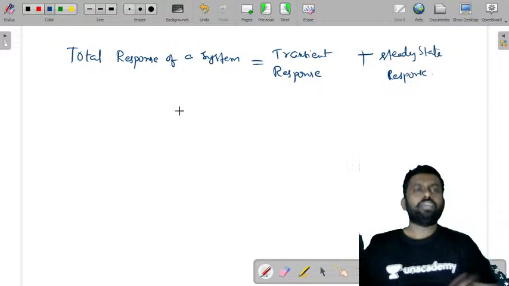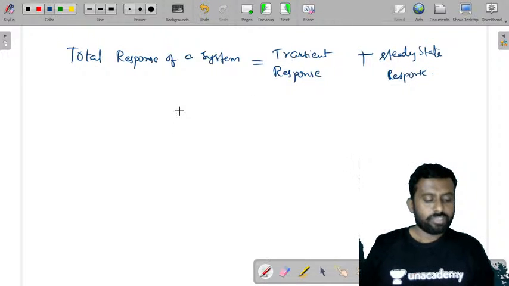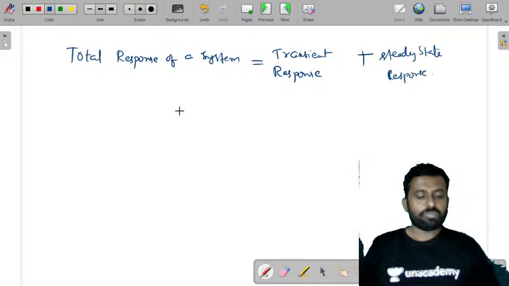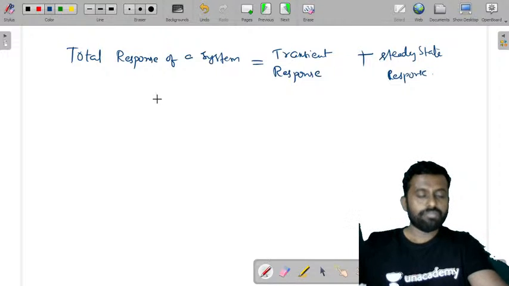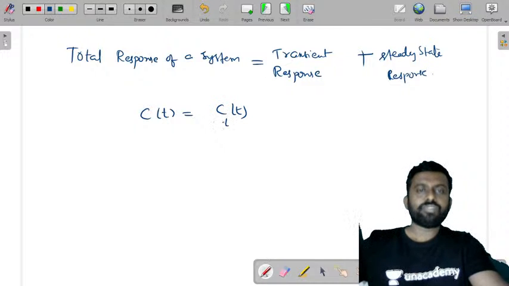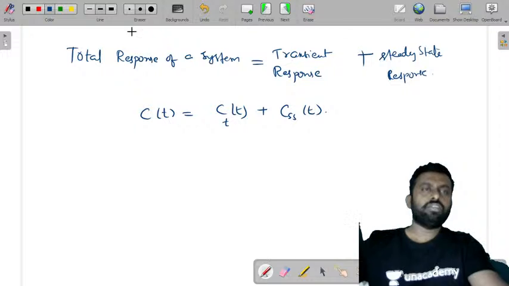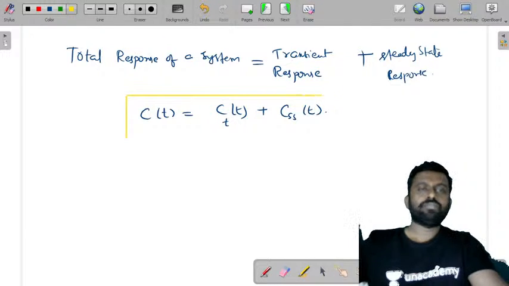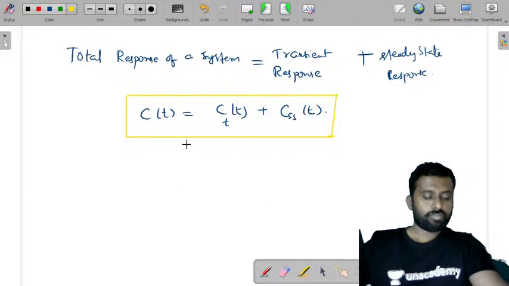The total response of a system is the sum of transient response plus steady state response. You can also write this as C of t is equal to transient response plus steady state response. You can also represent it this way, if C of t is the output of a given system, right? Now let's see what are the initial conditions.